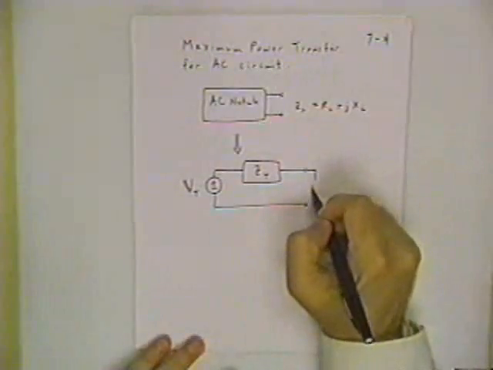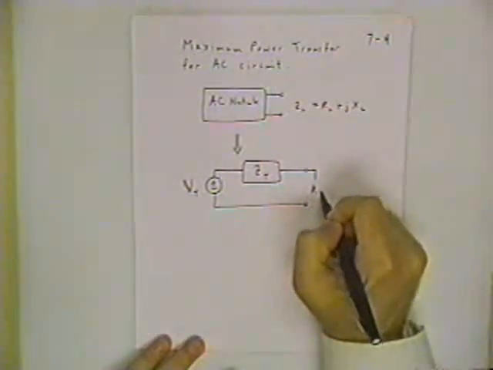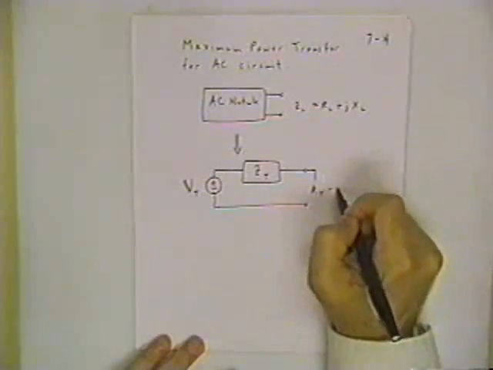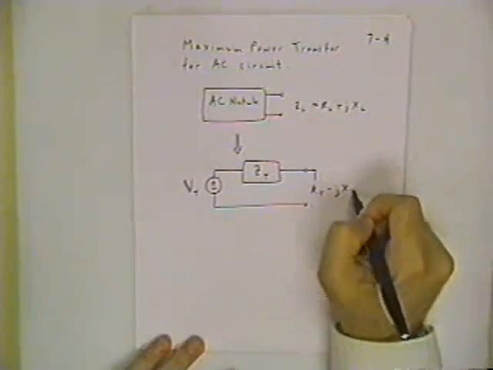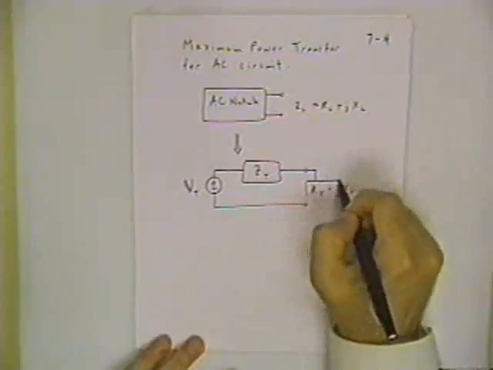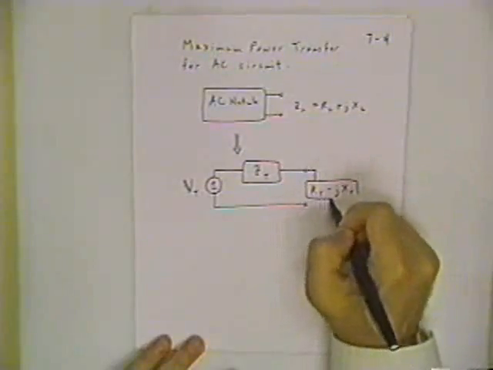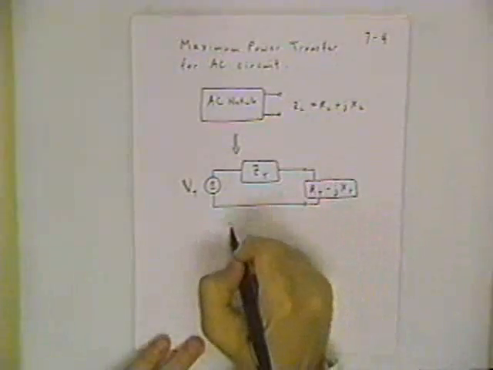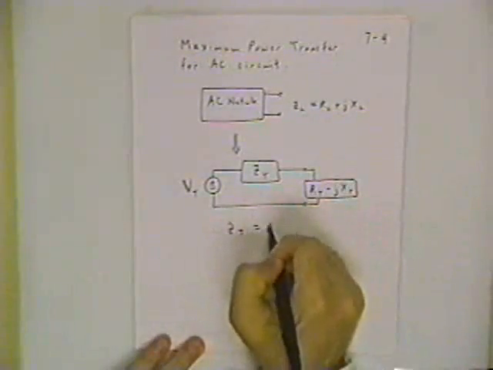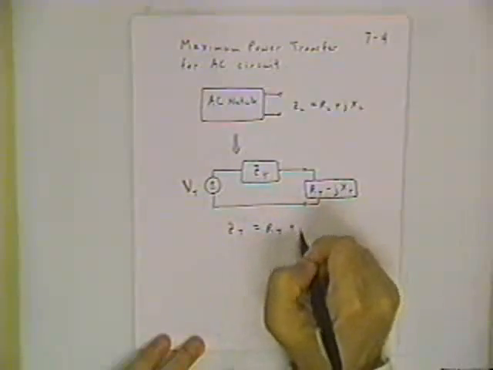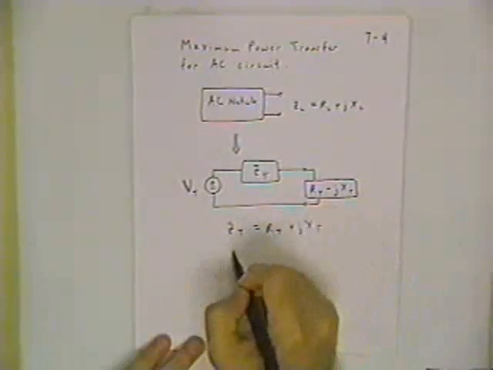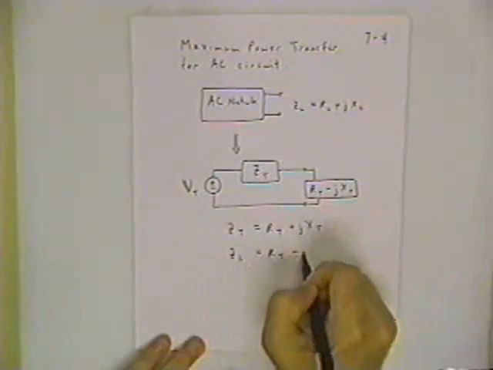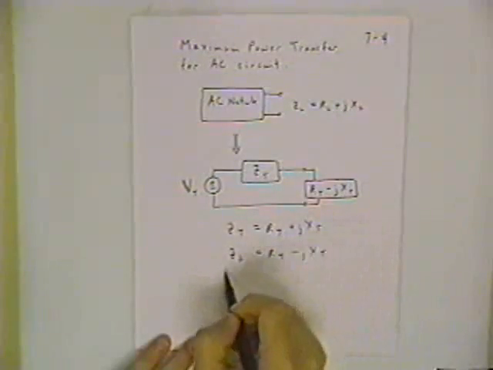And it turns out that if you attach an R Thevenin and then an X value that's opposite of the Thevenin, then you get maximum power transfer. And this is assuming that Z Thevenin is equal to R Thevenin plus JX Thevenin. Now I've got Z load is equal to R Thevenin minus JX Thevenin.